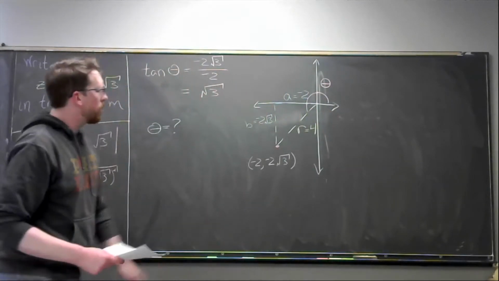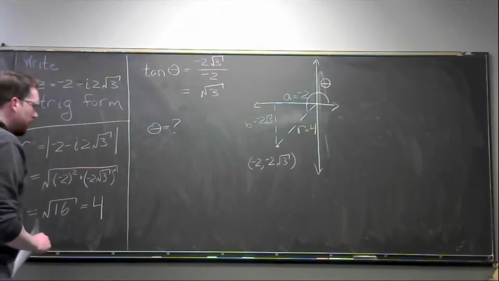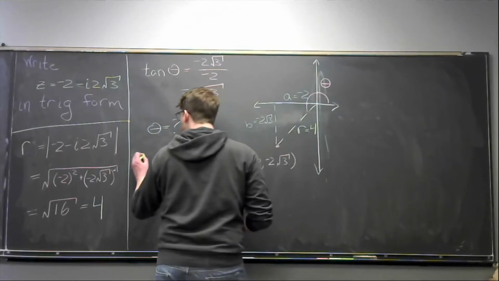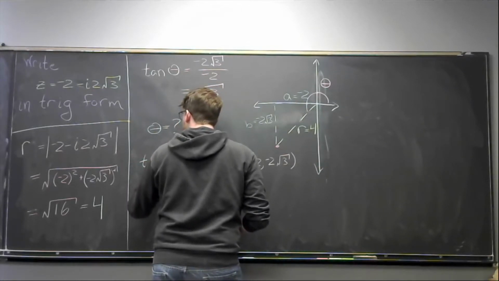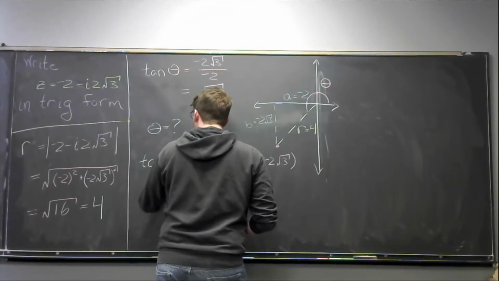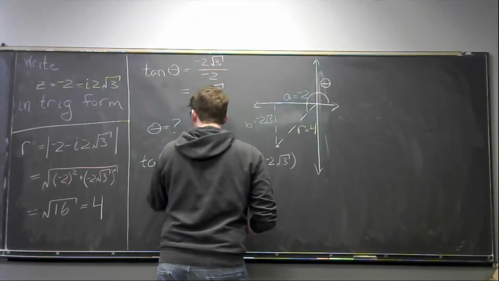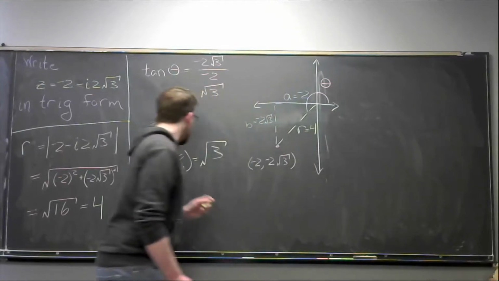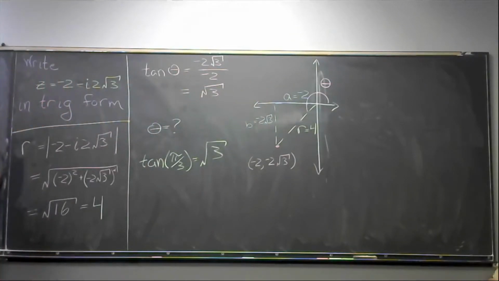Square root of 3. Well, one angle comes to mind, pi over 3, right? Yeah, because the tangent of pi over 3, that's the unit circle, and we know the unit circle tells us that the tangent of pi over 3 is the square root of 3.